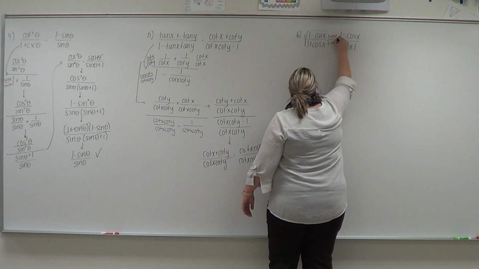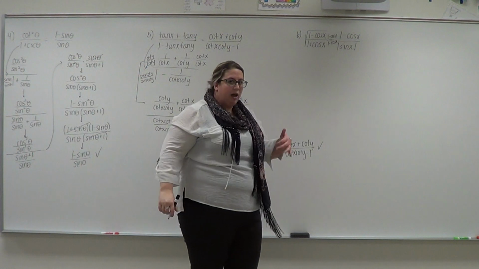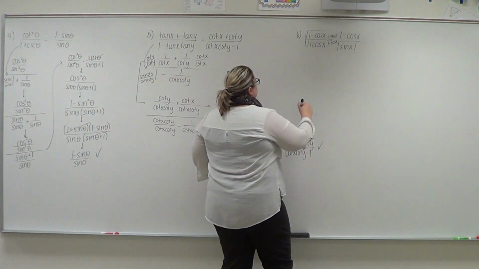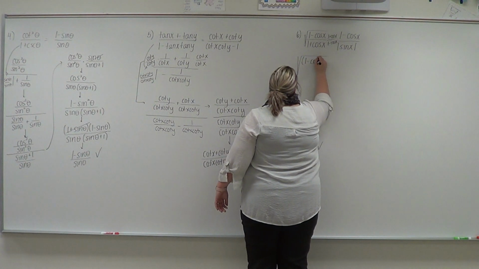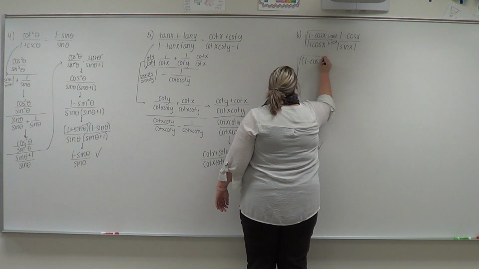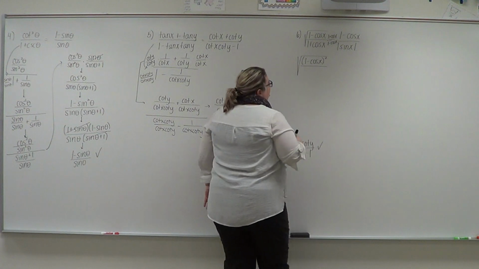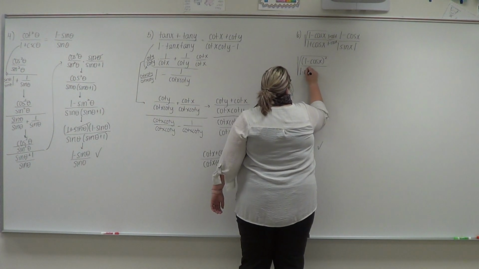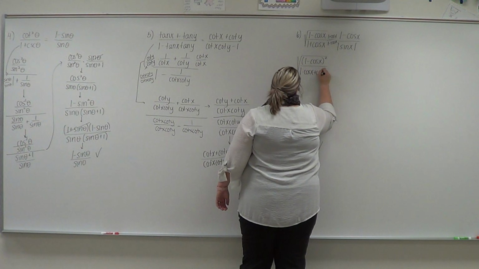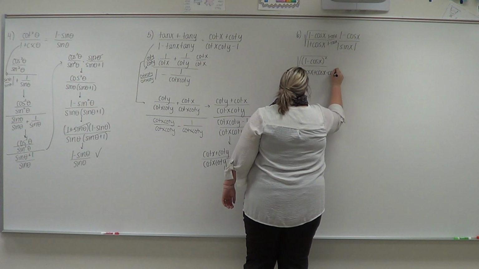And you can't just choose to multiply top or bottom, you have to do both. So on top, I now have 1 minus cosine, parentheses squared. On bottom, when I FOIL that, I get 1 minus cosine plus cosine minus cosine squared.